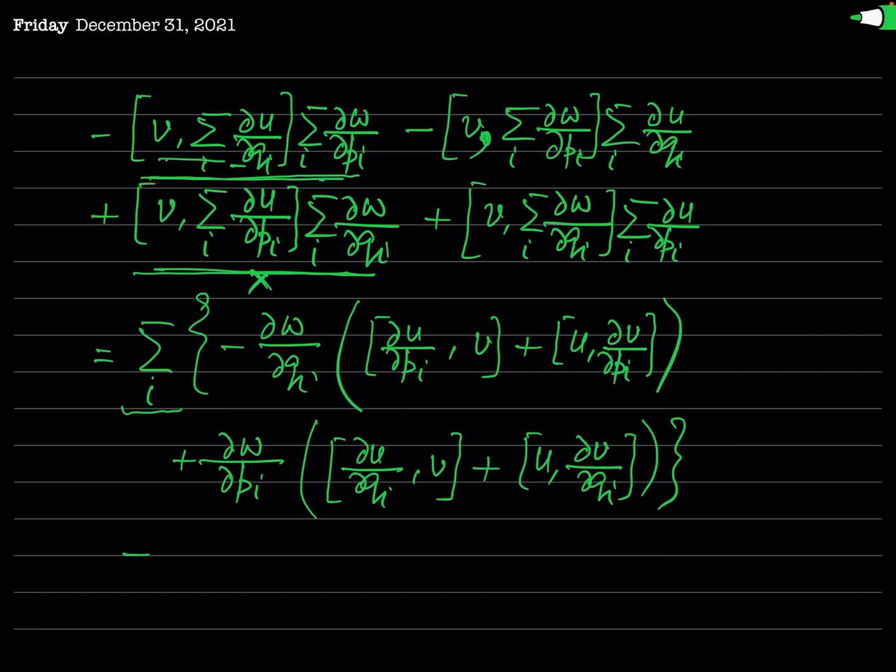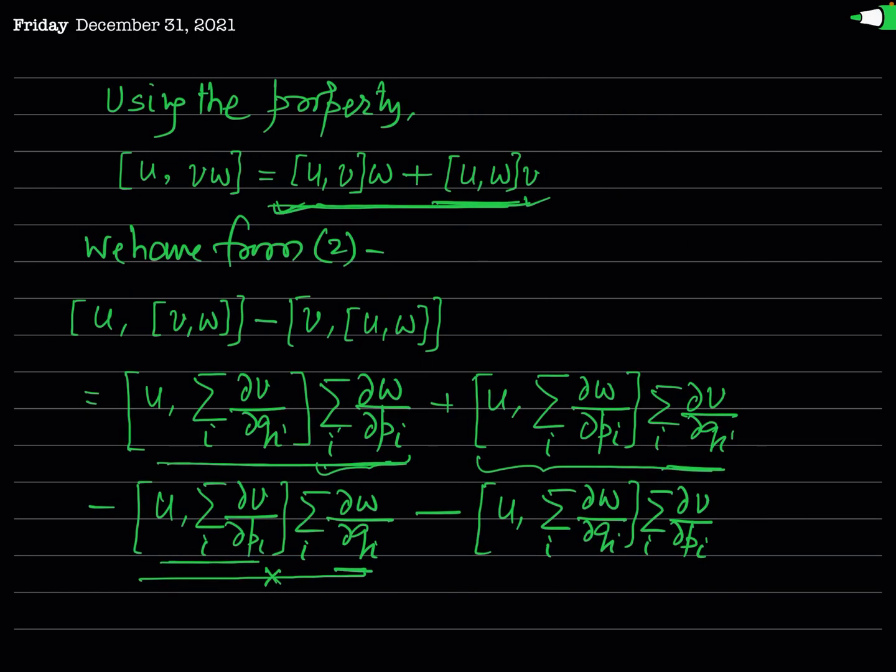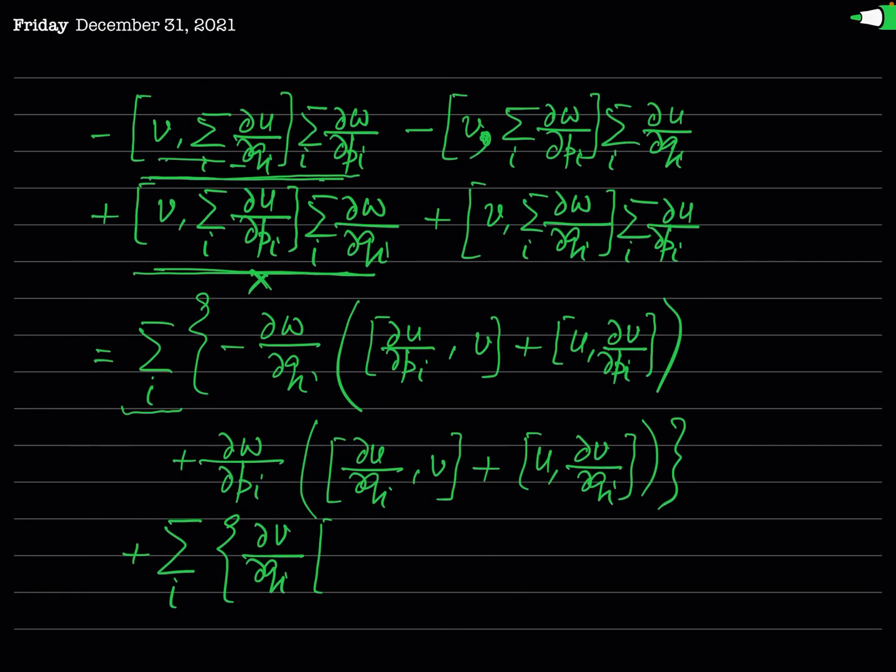This will be plus summation over i. I am again taking this summation as a common factor, and this will be del v by del qi times Poisson bracket of u and del w by del pi.